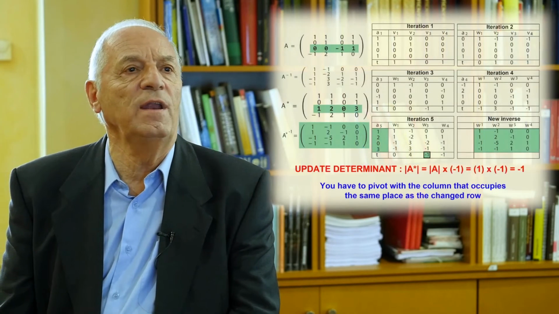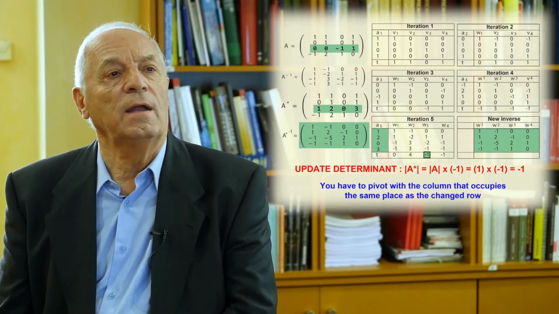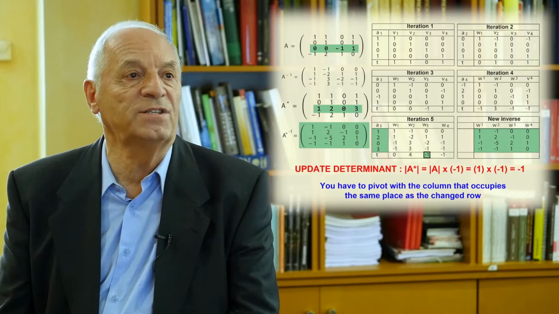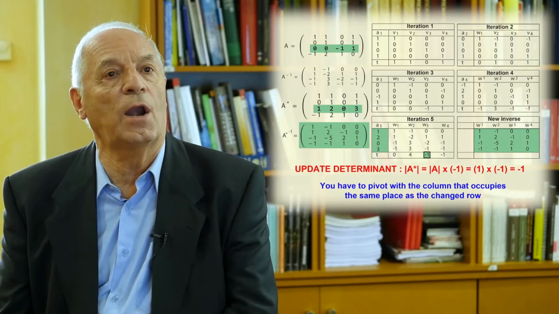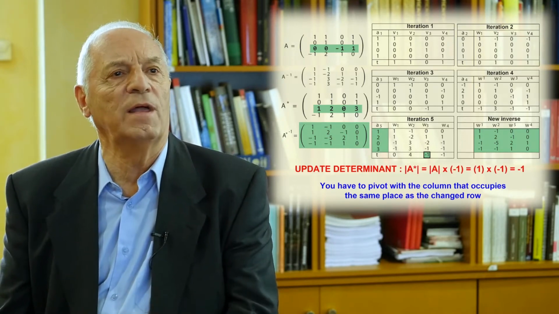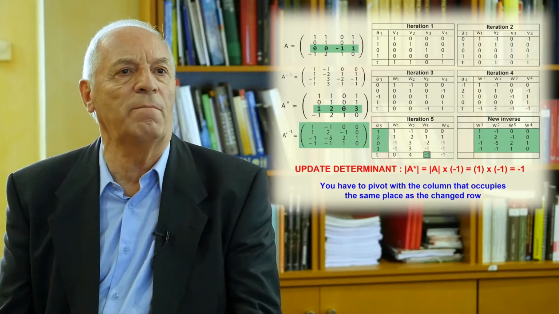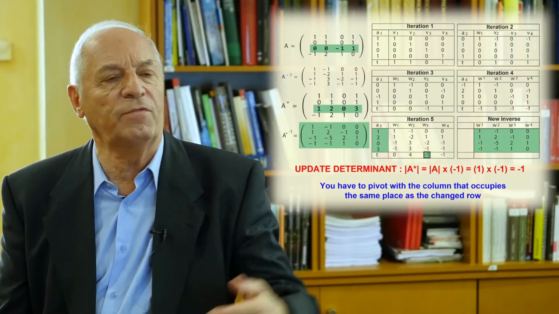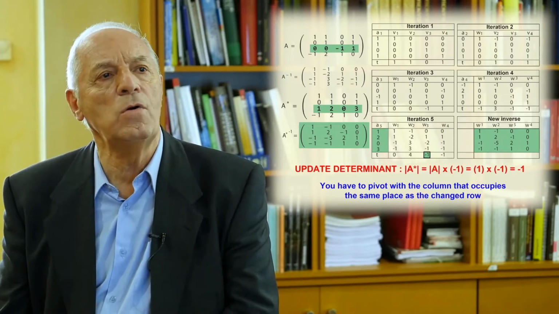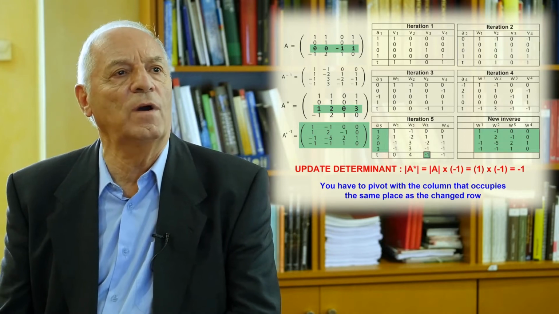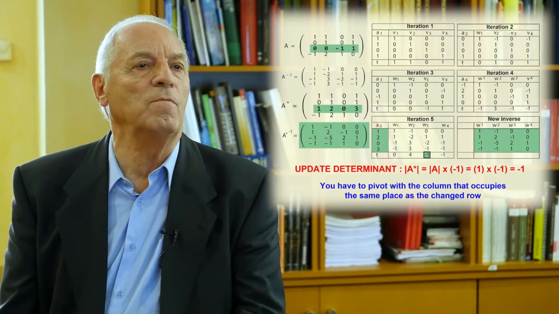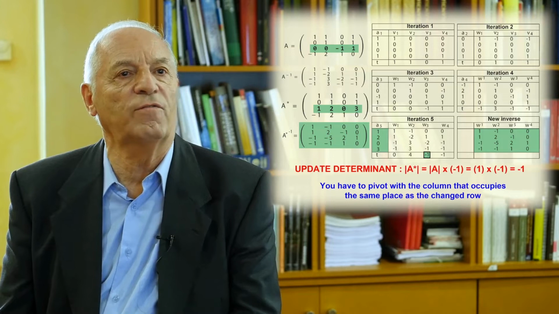Another interesting thing of this algorithm is that we can update inverses if we change the rows. Assume, for example, that we have inverted a matrix 1000 by 1000, and after a very long work, we discover that one of the rows is wrong. What to do? We don't need to start from scratch.